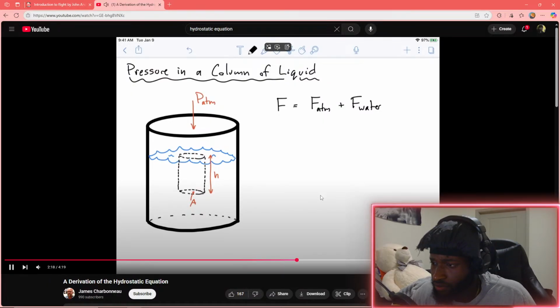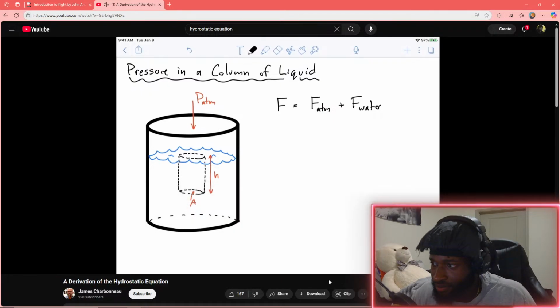Force divided by area. So I can write this all in terms of pressures. This is equal to the pressure times A. This atmospheric force is equal to atmospheric pressure times the A on the top of that cylinder. And the force of the water is equal to the mass of the water times G, the acceleration of gravity.